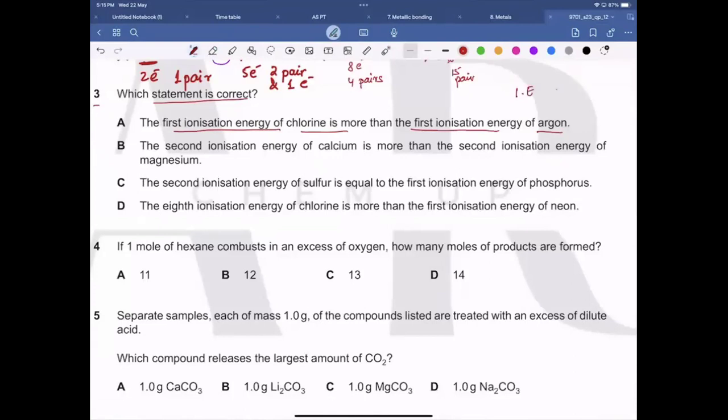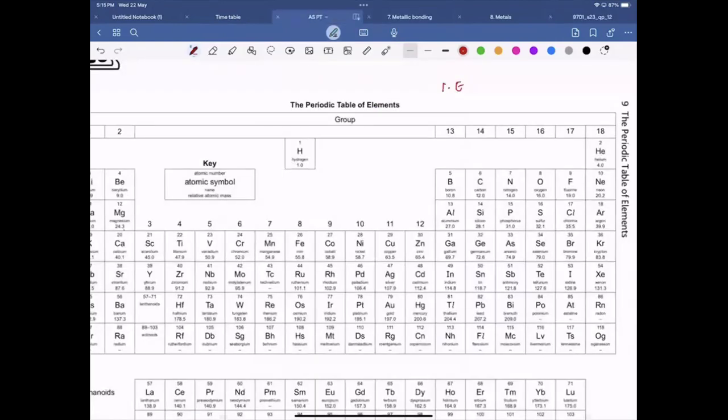Ionization energy increases across the period and decreases when you move down the group, right? Is this clear?